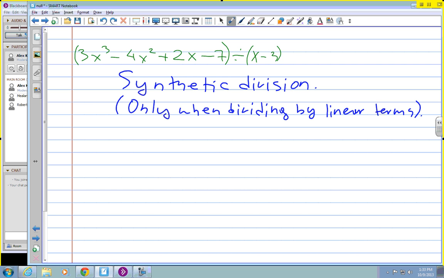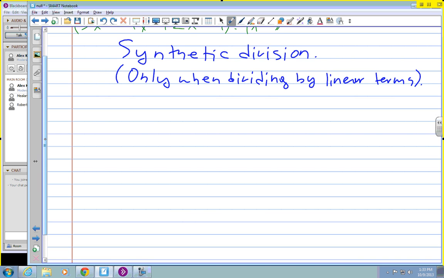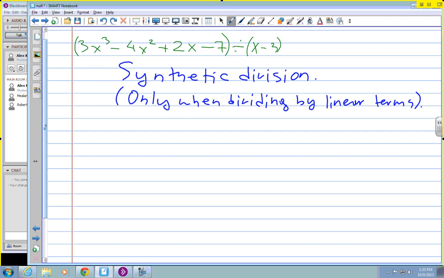Now the way that one works, the way your book writes it, first we're just going to list the coefficients of our dividend. So our big polynomial, I'm just going to list the coefficients.